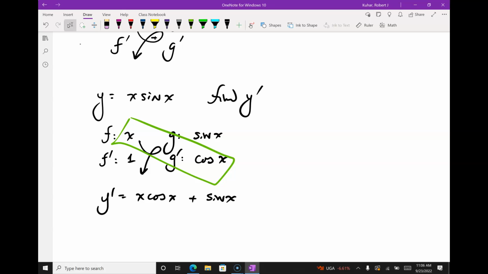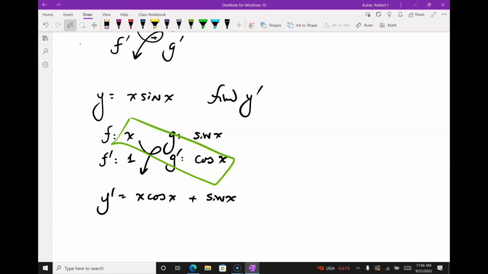The first derivative tells us whether the function is increasing or decreasing. The second derivative tells us about concavity. If the curve is arcing like this, it's concave down, and the second derivative will be negative. If it's arcing like this, that's concave up, and the second derivative will be positive.